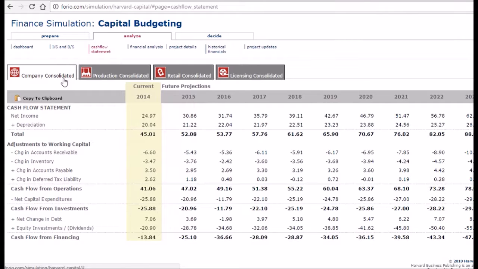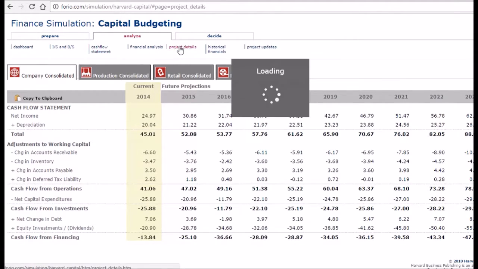I tried to look at the company as a whole to see where my money was going and where I was making my money and where my cash was going. So then, let's go back to my project details.